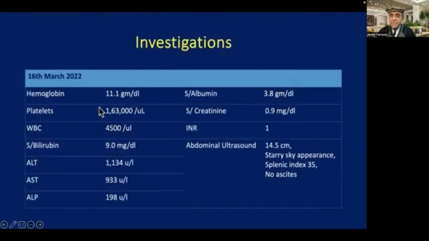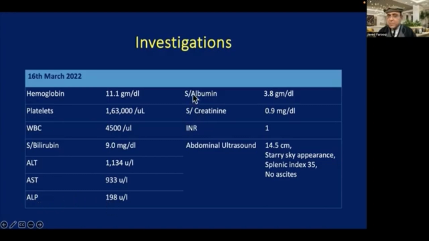On investigations, her hemoglobin was 11.1 gram, and this was on 16th March 2022. Platelets 1,63,000, WBC 4,500, bilirubin 9, ALT 1,134, AST 933, alkaline phosphatase 198.